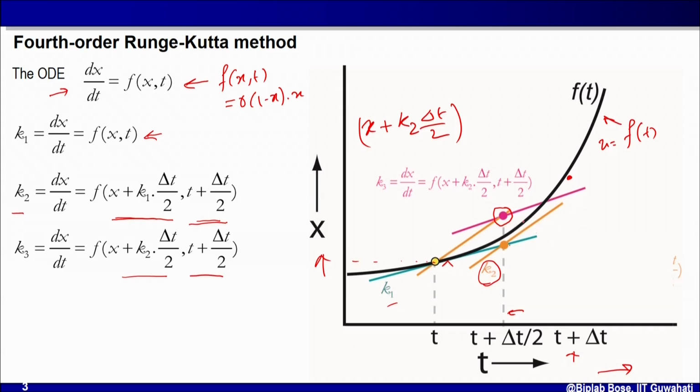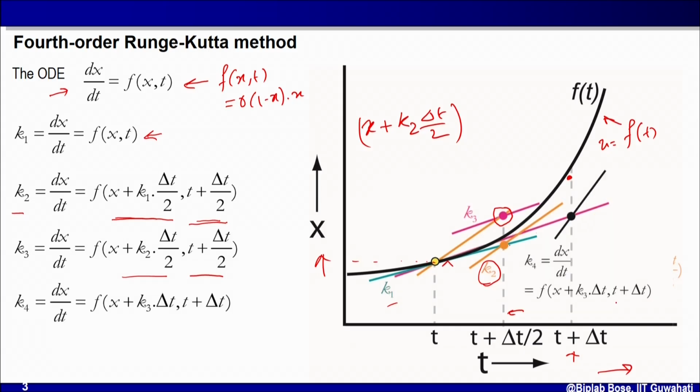Now take that slope k3 and draw a line at this yellow original point where x was, having the same slope as k3. So I get this new pink line drawn at the original position of x, and extend it till it intersects the vertical line drawn at t plus delta t. That is the time step we are taking.